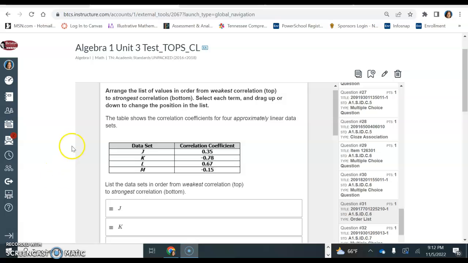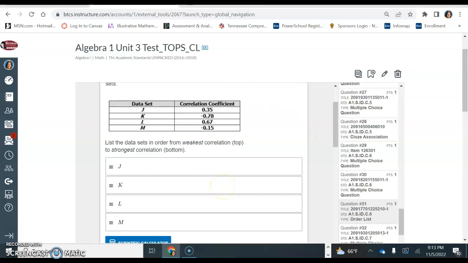All right, the next question says, arrange the list of values in order from weakest correlation to strongest correlation. Select each term and drag up or down to change the position in the list. The table shows the correlation coefficients for 4 approximately linear data sets. List the data sets in order from weakest to strongest. So remember, weakest is closest to 0.